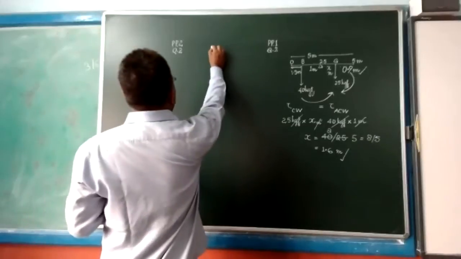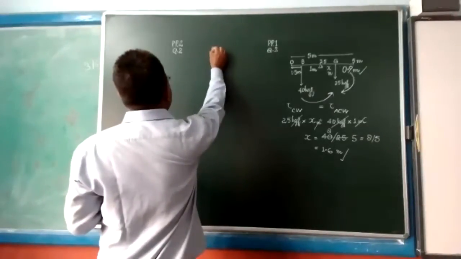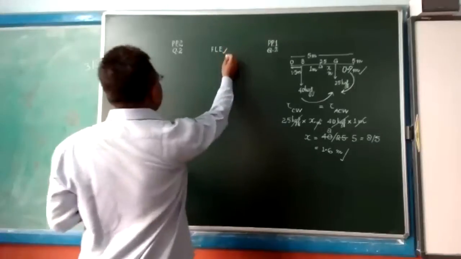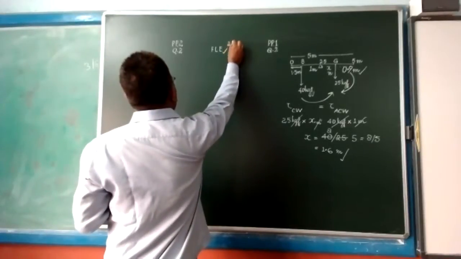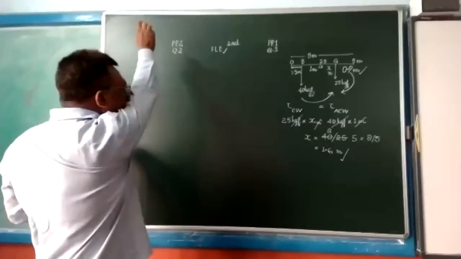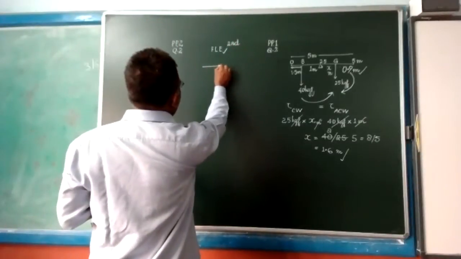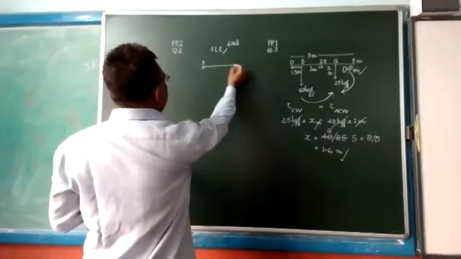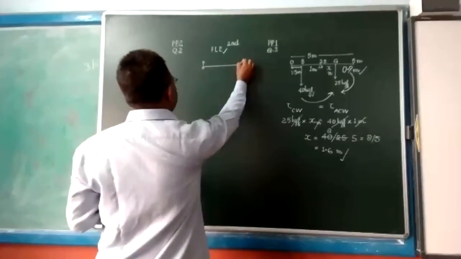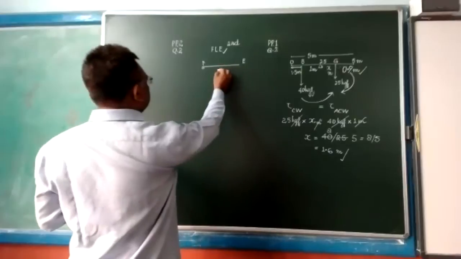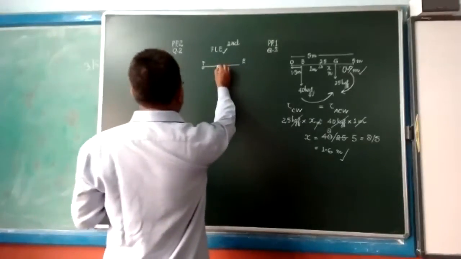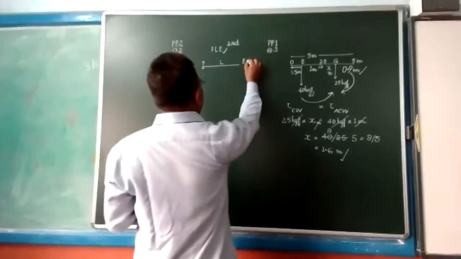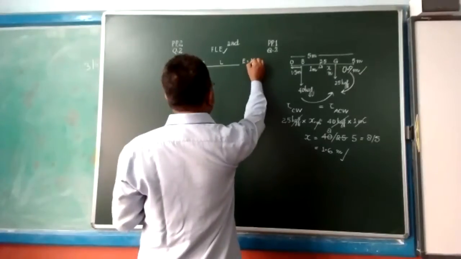Lever of second order means FLE. This is the lever of second order. This is the fulcrum. The load will act in between the fulcrum and the effort. So here is acting the load. So what is the effort? Effort equals 50 kgf.